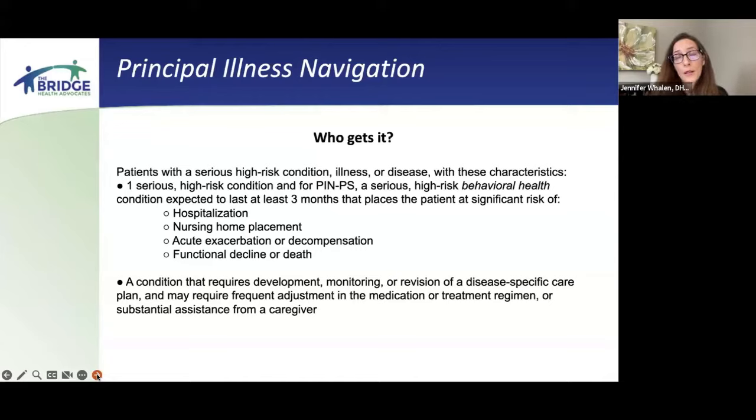They may have been diagnosed for years, but now we're suddenly seeing such a change in their mental health, or we're concerned that we need to hospitalize, they need to go into a different level of care.